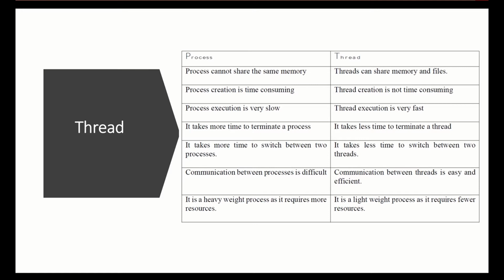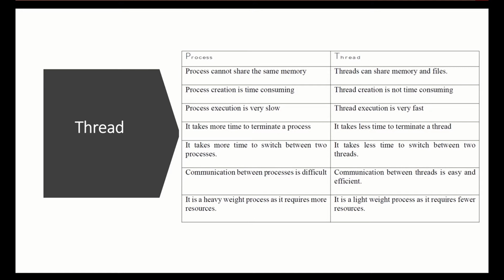Process creation is time consuming. It takes a long time to create a process, while it takes little time to create a thread. Process execution is very slow, while thread execution is very fast. It takes more time to terminate a process, while it takes less time to terminate a thread.